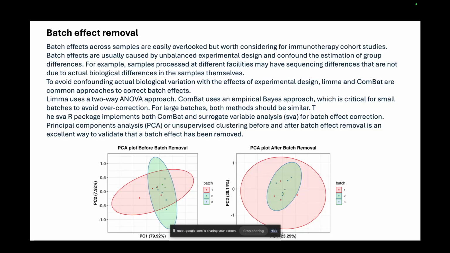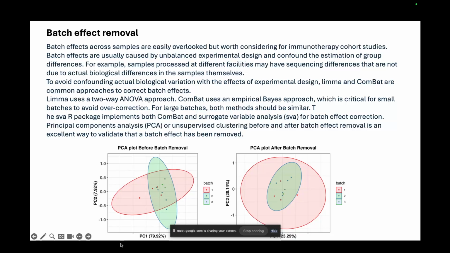Due to experimental design, what you do is basically try to remove the batch effects. That is what is called batch effect removal. So for example, you have here three batches. Batch one is the red dots here, data sets, samples you can assume here. Batches 2 and 3 are these two other batches, which have blue and green colors for the samples, right?